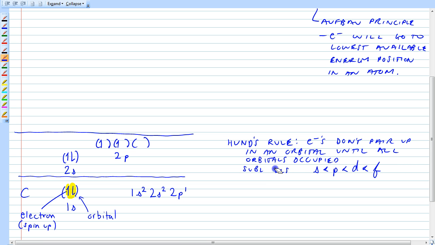I guess an easy way to think about this is just that electrons don't like to pair up in the same orbital. So what they'll do is they'll spread out across all the orbitals in a given sublevel first before they start to pair up.